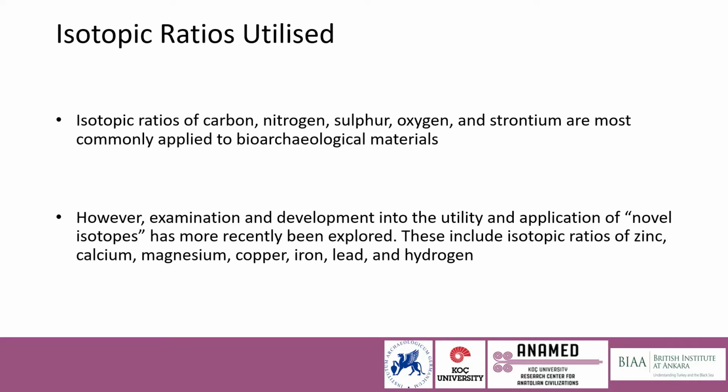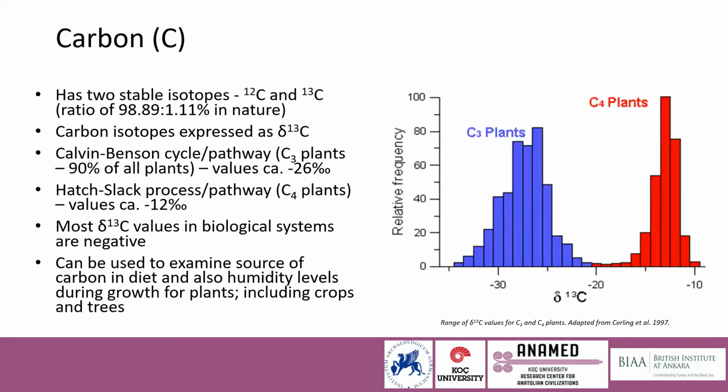If we first go into carbon, this has 2 stable isotopes, as I've already mentioned, carbon 12 and carbon 13, and the isotope ratios are expressed as delta carbon 13.